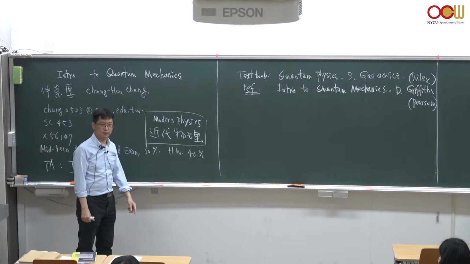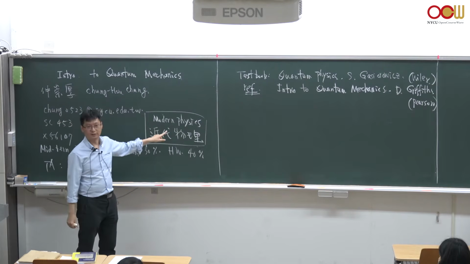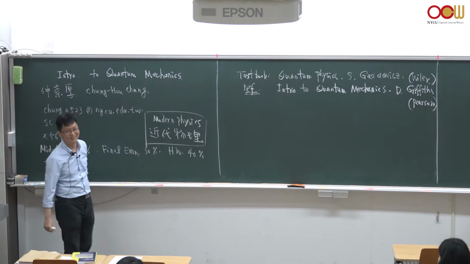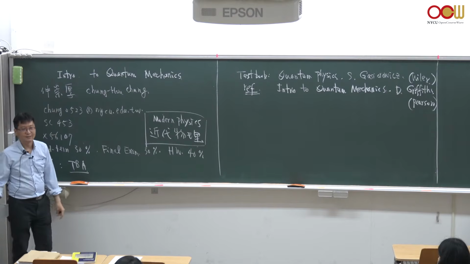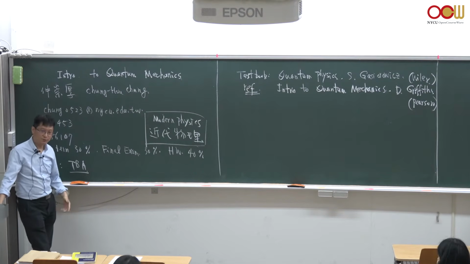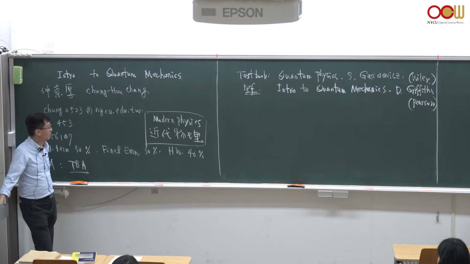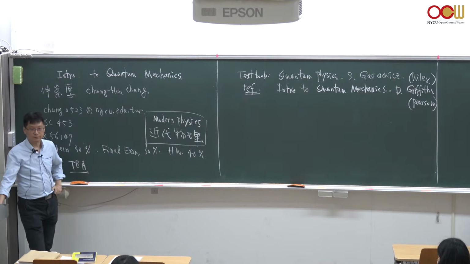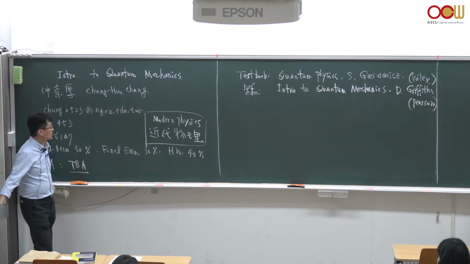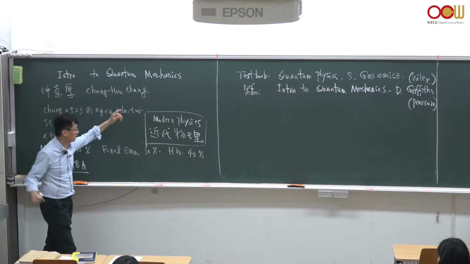All right? Okay, so if you have not learned this, and learn it now at the same time, I will not wait too much for those students who have not taken modern physics beforehand. So I'm sorry for that, because we need to move on. This course is not about modern physics.